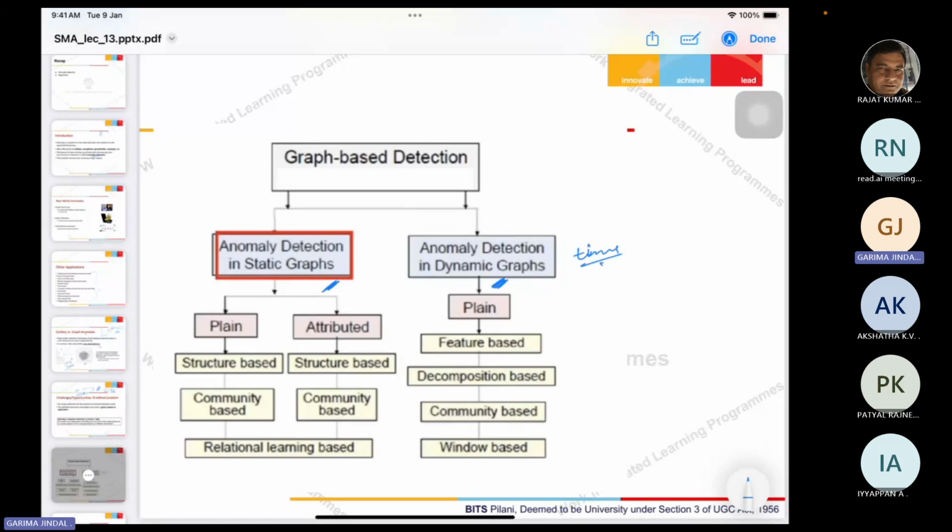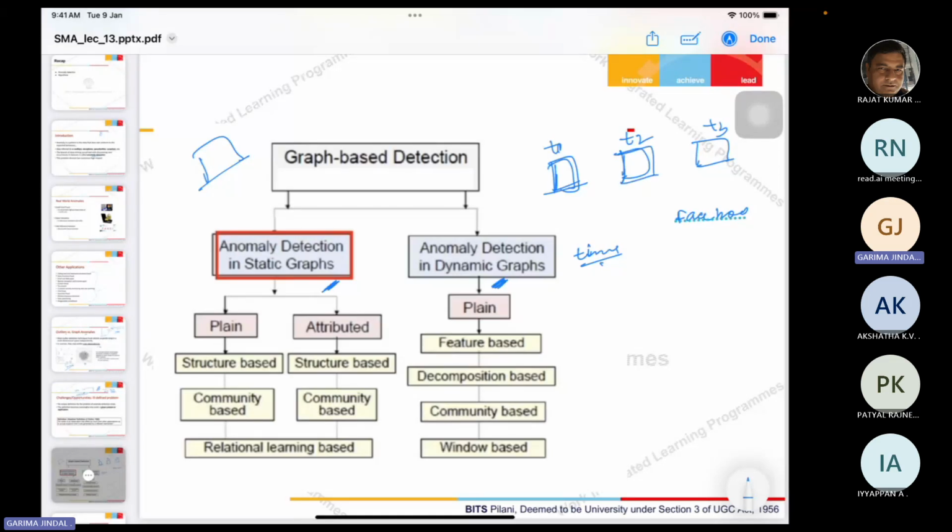Okay, so here we have the snapshot of the data at a particular time. But here what we are doing is taking the snapshot of the graph at different times. This is T1, this is T2, this is T3. For example, suppose I have access to Facebook data. Maybe in the year 2000, I have a snapshot of Facebook data. Then in the year 2005, I take another snapshot of the data.